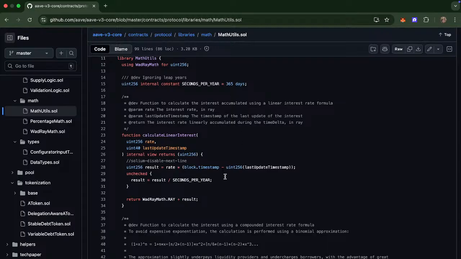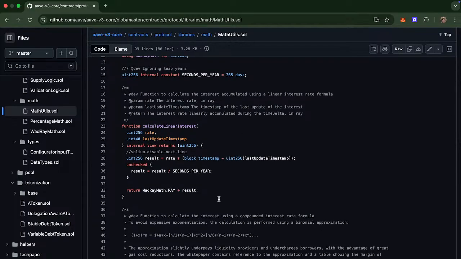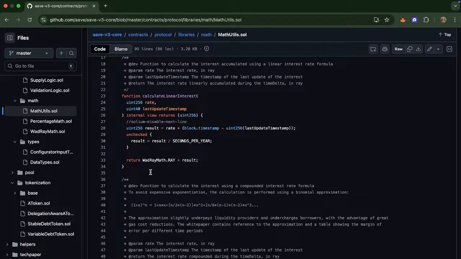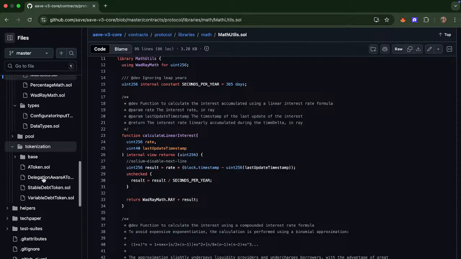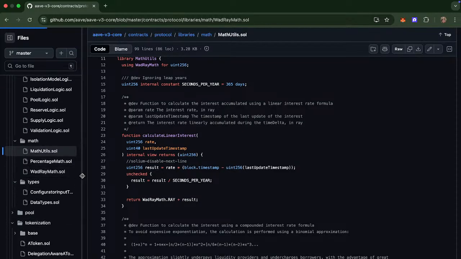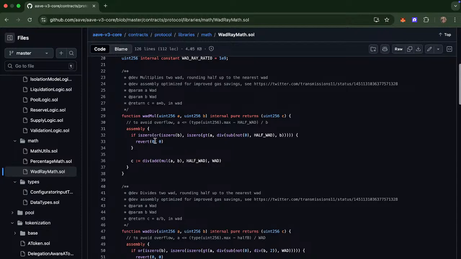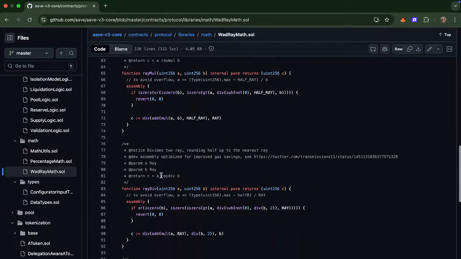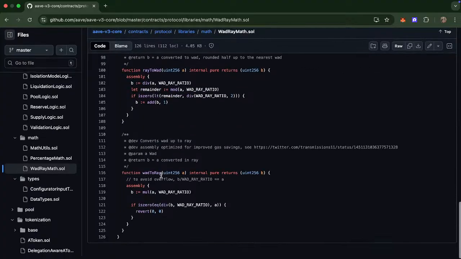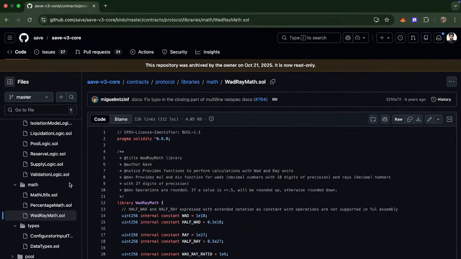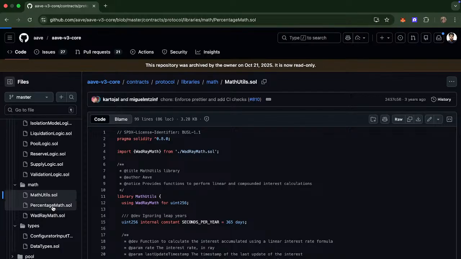So yeah, it's just as simple as it is. uint256 plus dot ray. Where is math? Yeah, dot ray multiplication, ray division. What's dot ray doing here? I'm not getting it.